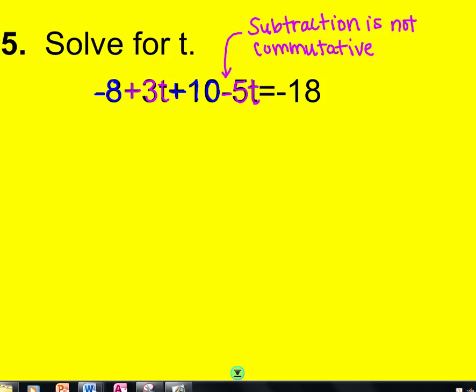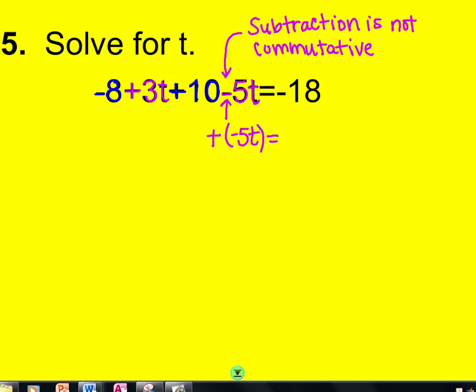So order matters, and because of that, I can't just move around my terms without thinking about it. So to avoid that problem, because I have subtraction there, I'm going to rewrite that as a sum so that the order of my terms can be moved around without affecting my answer. So instead of writing minus 5t, I'm going to write plus negative 5t.